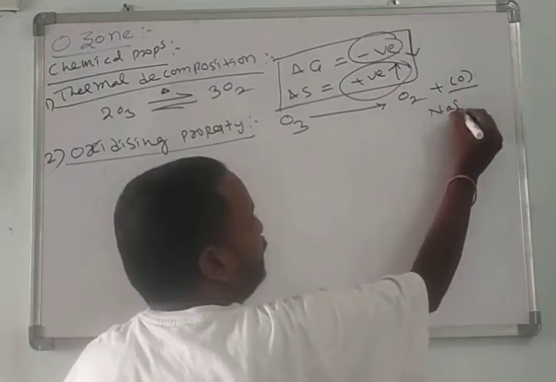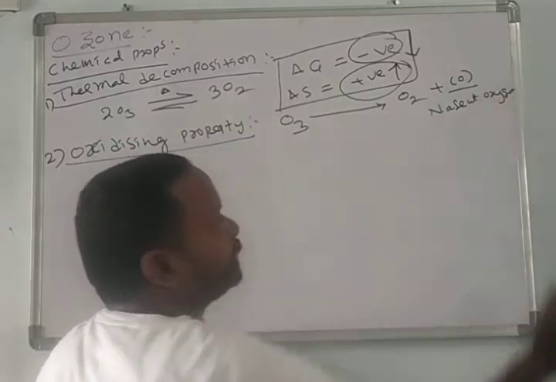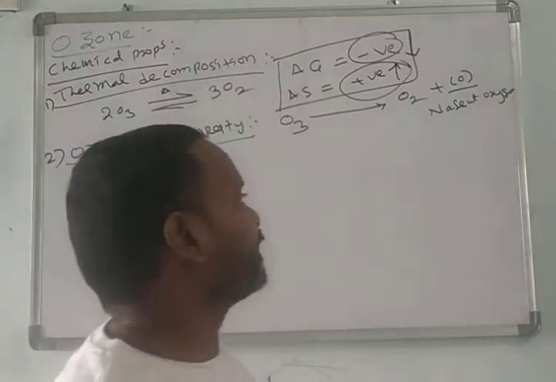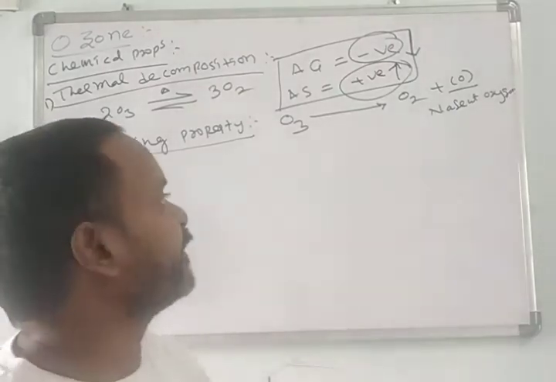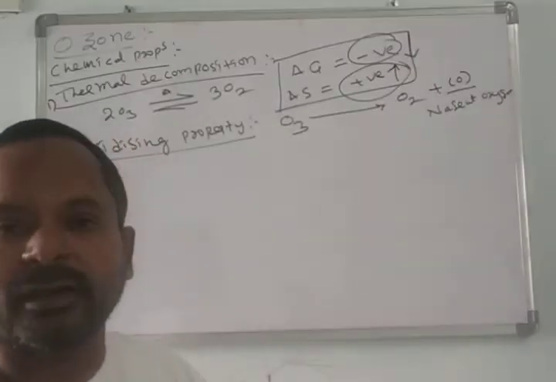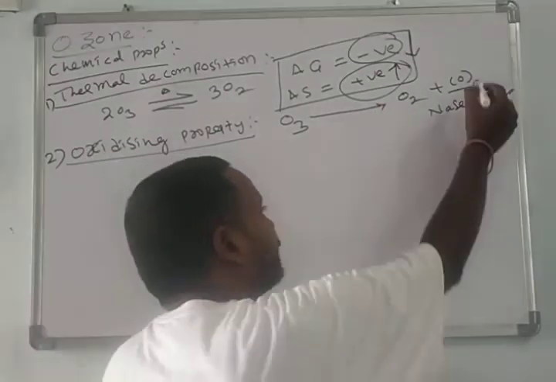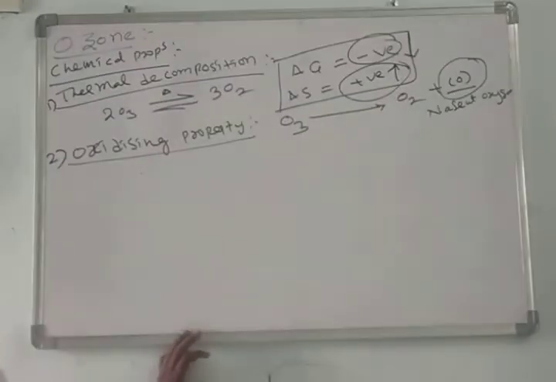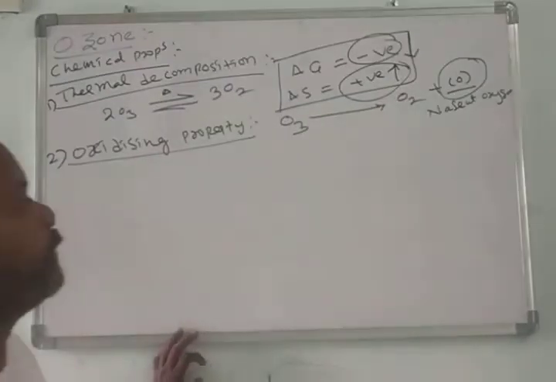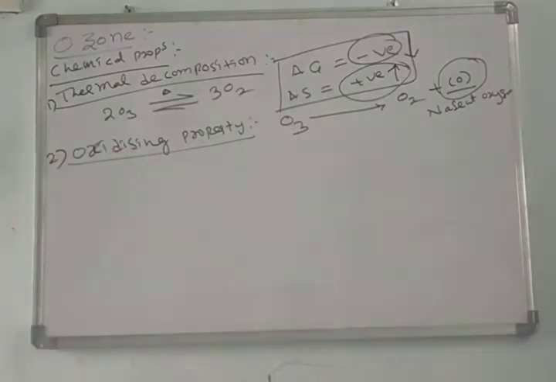Nascent oxygen means newly generated oxygen. We simply call it nascent oxygen. It is highly reactive. By the liberation of this nascent oxygen, ozone acts as an oxidizing agent.